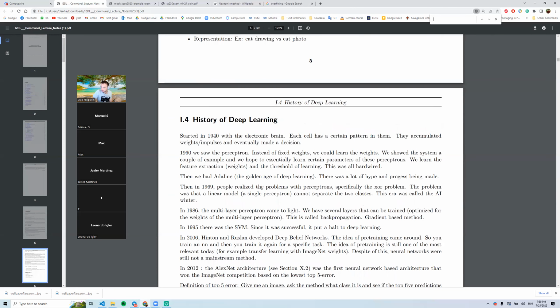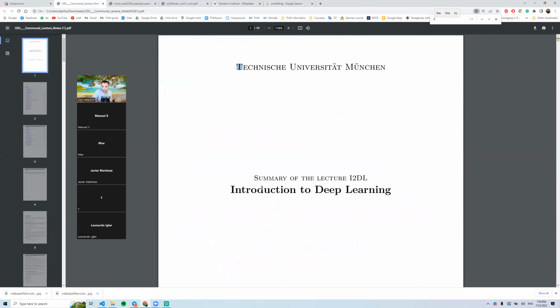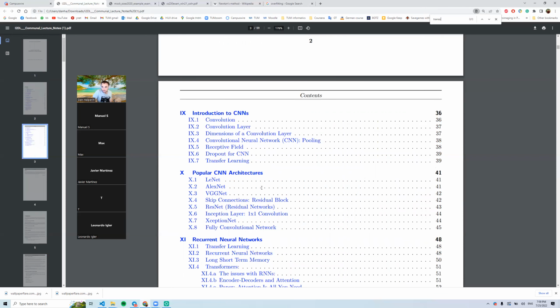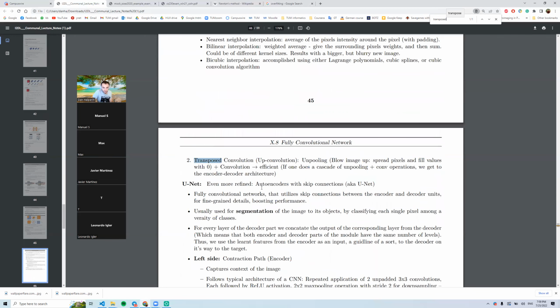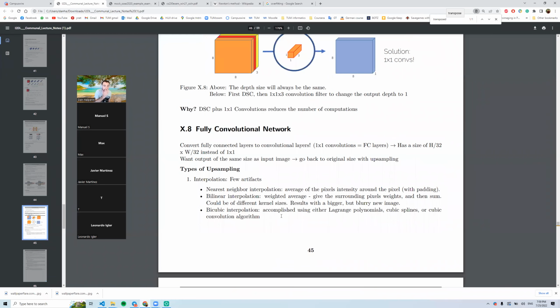We said transpose. That's it, right? For that, it would actually be much better if I send you to the advanced deep learning lectures.